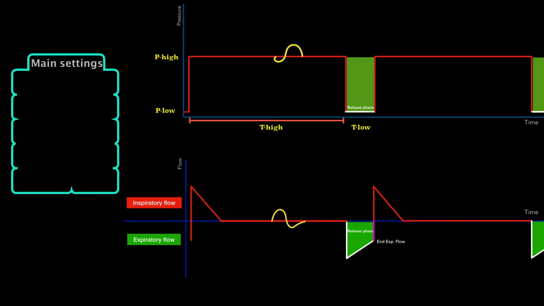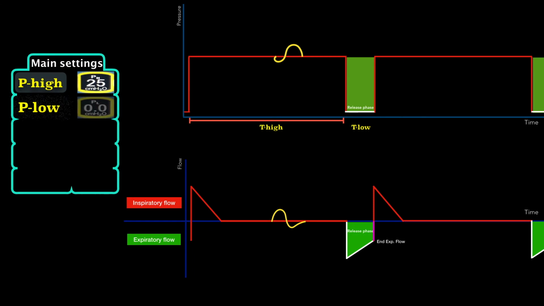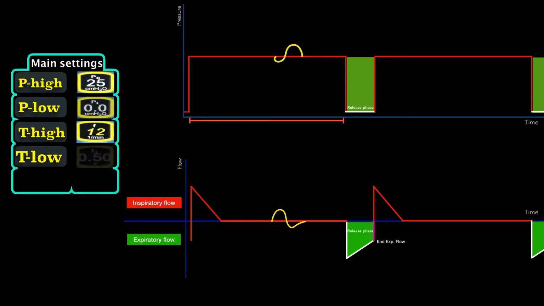Therefore, there are two groups of settings to consider: pressure and time settings. Two pressure settings: high pressure and low pressure. Two time settings: the time for high pressure and the time for low pressure, or the release time.